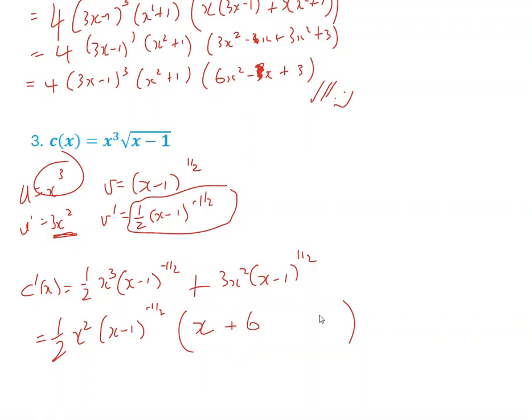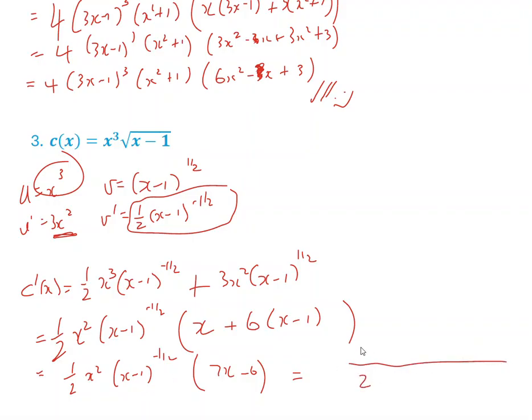The x^2 went out, and I will have (x - 1) to the power of 1, which will leave me with 1/2 x^2 (x - 1)^(-1/2) times (7x - 6), which will simplify down to the 2 goes downstairs, the x^2 stays up top, the x - 1 goes downstairs to the positive a half, so I write that as square root of x - 1, and then I will have 7x - 6 as being my final answer.